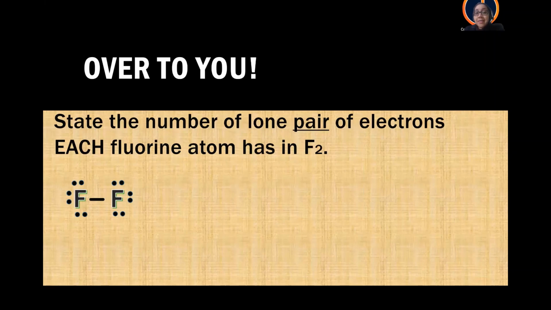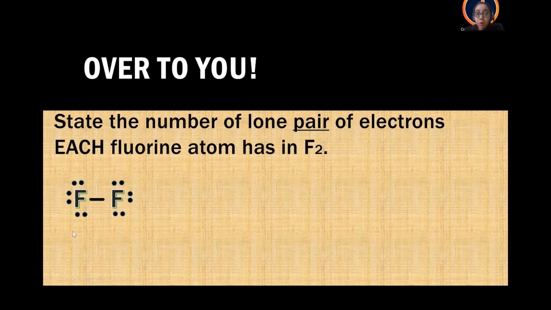Next question. State the number of lone pairs of electrons. So let me remind you, lone pairs of electrons are the electrons which are not involved in bonding. So you have to state the number of lone pairs of electrons, focusing on the word pair, that each fluorine atom has in a fluorine molecule.